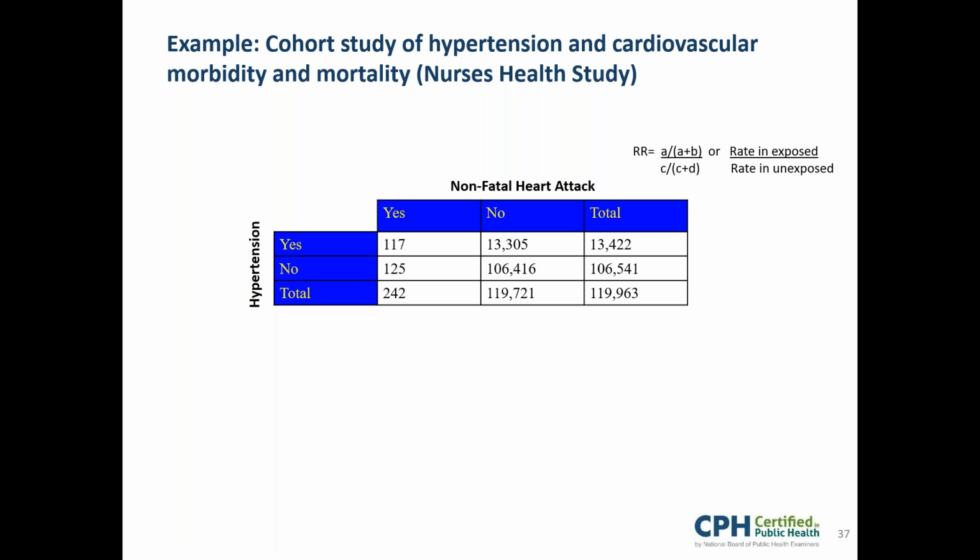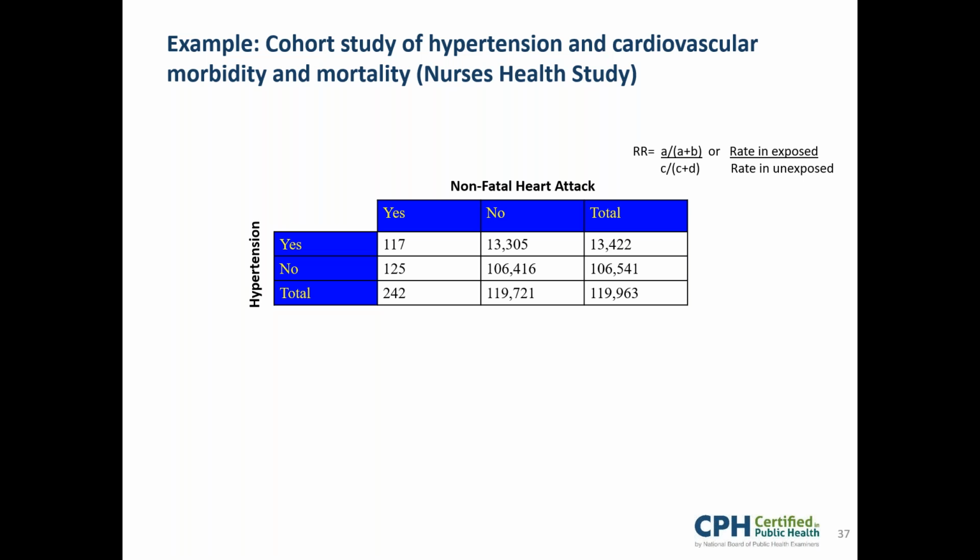And we had 106,416 that did not have hypertension and did not have a heart attack. And the total people in the sample was 119,963. Okay, just pointing out some numbers so that I can orient you to the table.